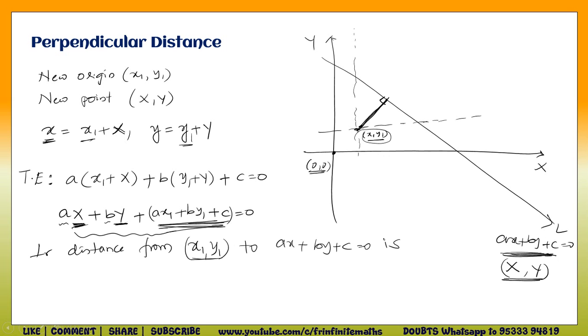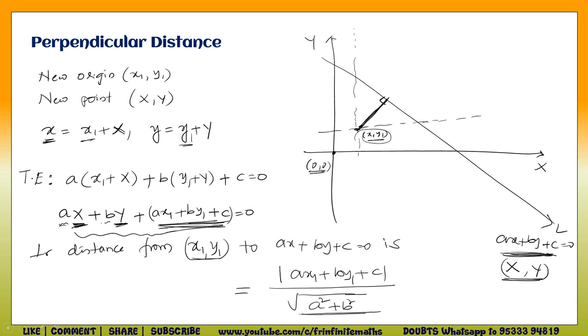The constant is modulus of ax1 plus by1 plus c divided by root. Here also the x coefficient is small a and the y coefficient is small b, so directly I can write root a square plus b square. Clearly this is the formula we can use to find the perpendicular distance from x1 comma y1 to the line ax plus by plus c is equal to 0.